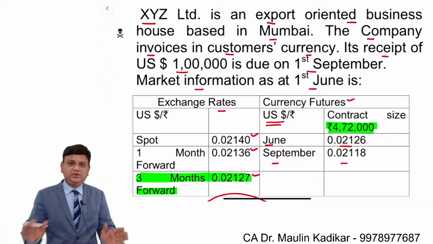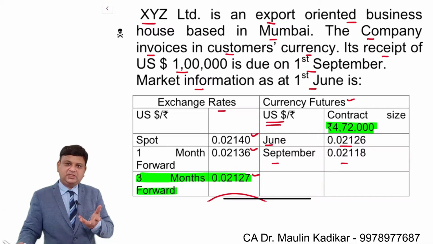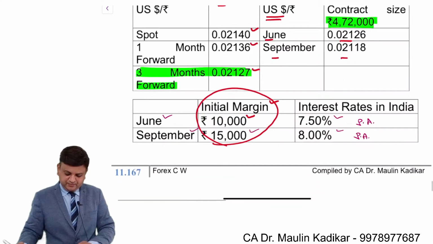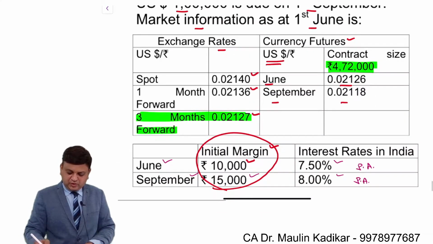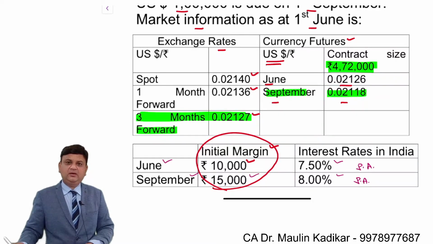Now friends, we can do this answer by this process. Let us have a discussion of the same. I just want to have a discussion before we write anything. Once again, we are required to focus on the 3 months futures contract. The futures contract which is expiring before 1st of April is of no use to us.